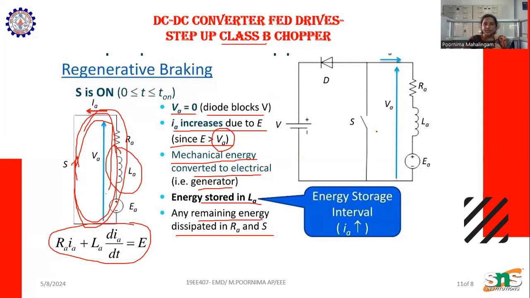Now the next step: when the switch is open, what happens to this stored energy? It goes back to the supply. Here we have a diode, which blocks the supply.